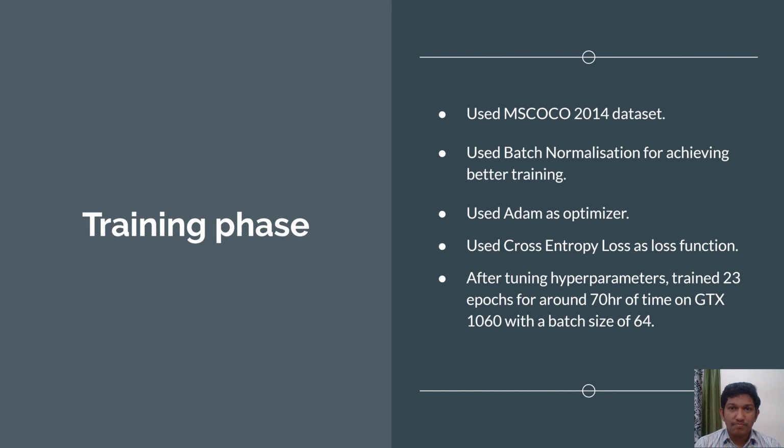We used Adam as an optimizer for this. An optimizer is what drives the training process in such a way as to reduce the loss. And moving on, we use cross entropy loss as our loss function.